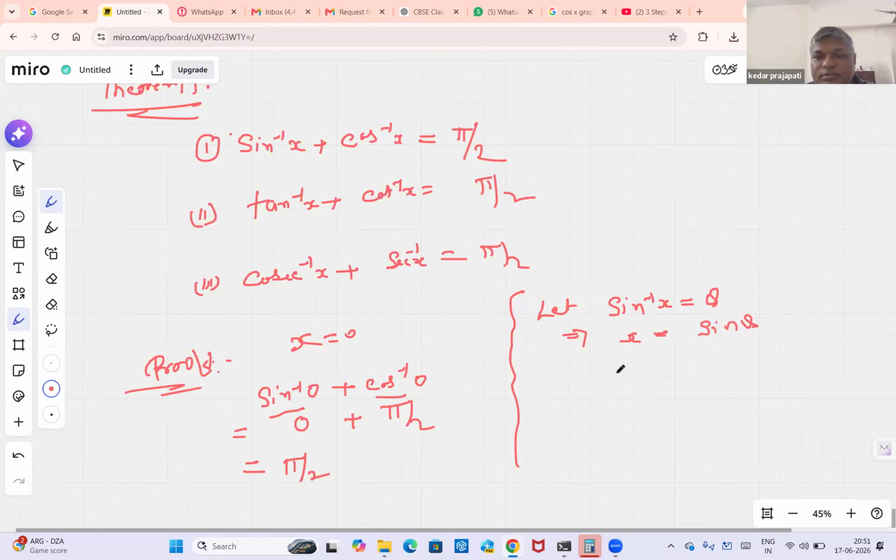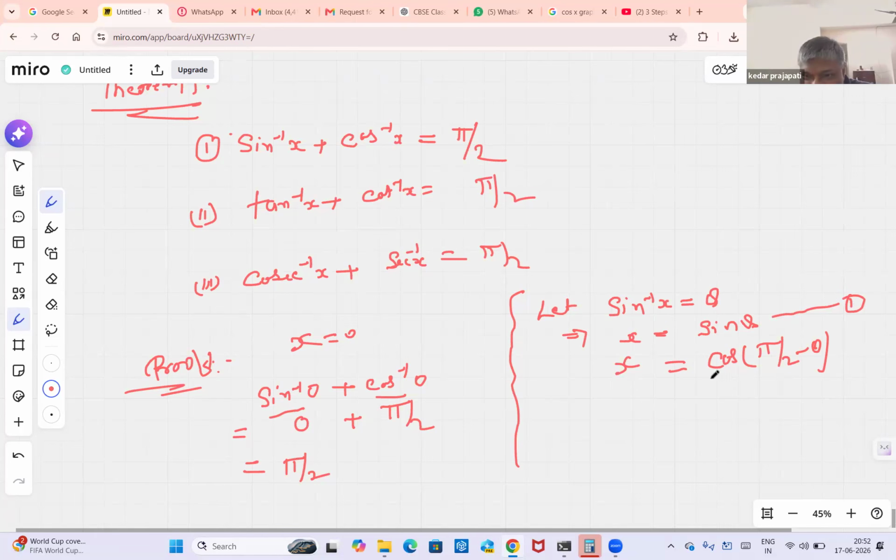Or you can say, what is sine theta? It means sine theta is cos of pi by 2 minus theta. Clear? This is your equation number 1.